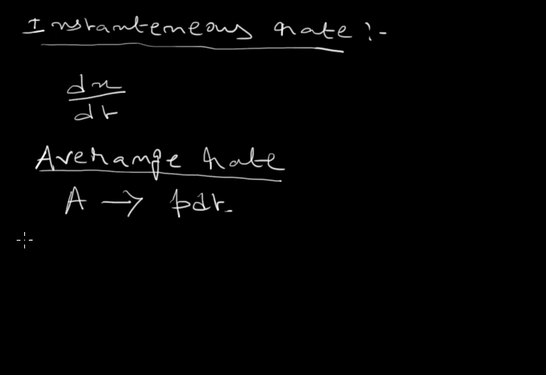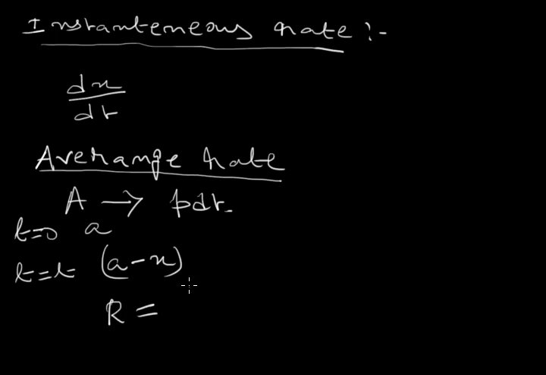Now, when time is 0, the concentration of A is a, and after time t, the concentration of A is a minus x. So, the average rate of the reaction is R equal to delta x divided by delta t.